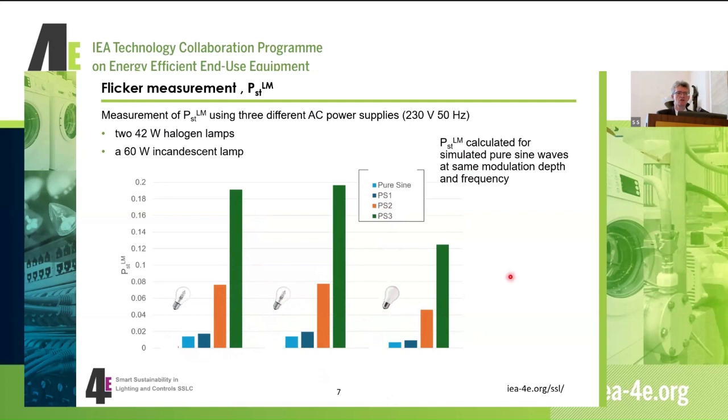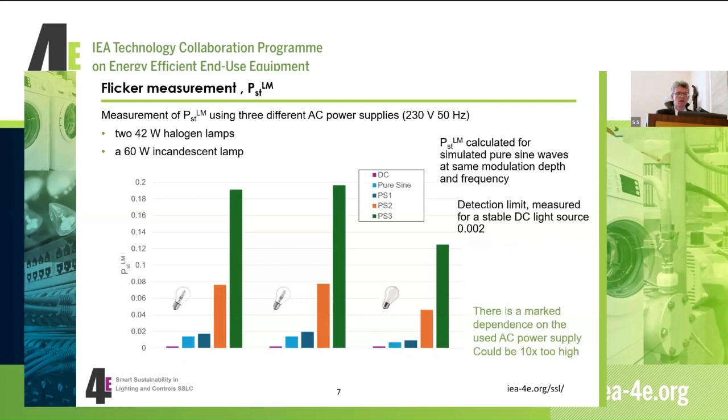And then you could ask yourself, what is the detection limit for these measurements? So we did measurements on a DC stabilized, totally flat source, which should have no temporal variation at all. And then you get values around 0.002, quite a bit lower than the values that we're actually measuring here.